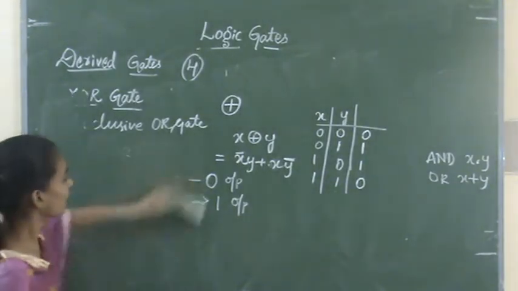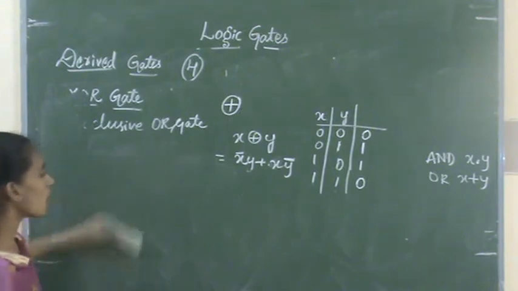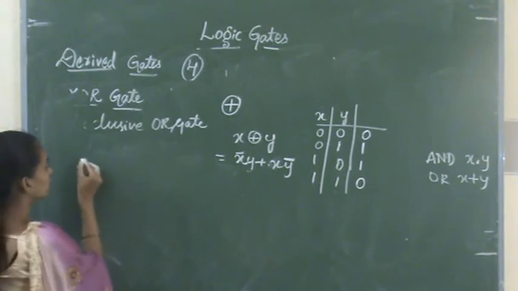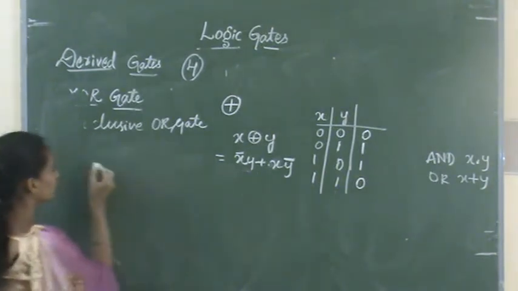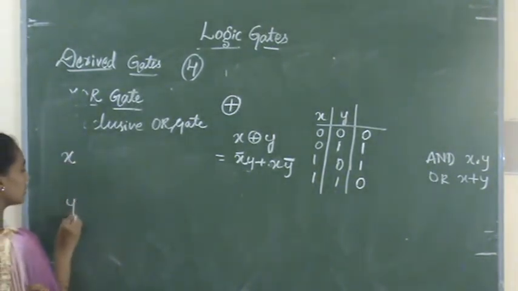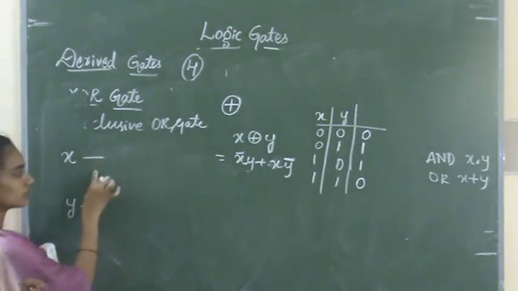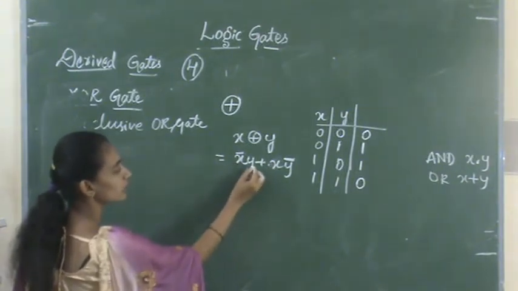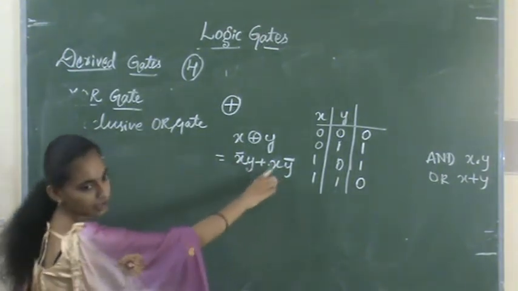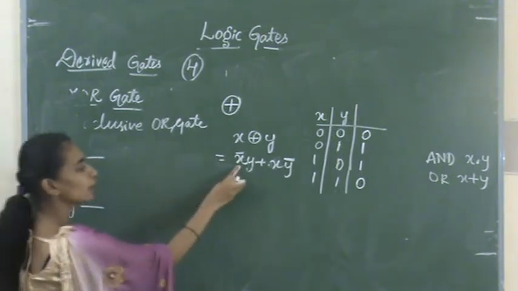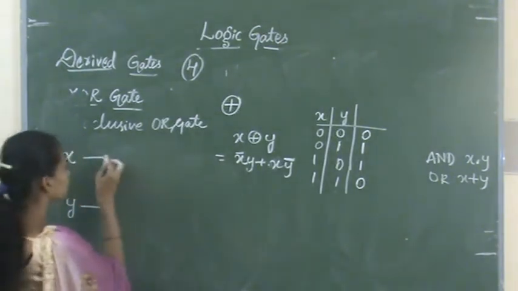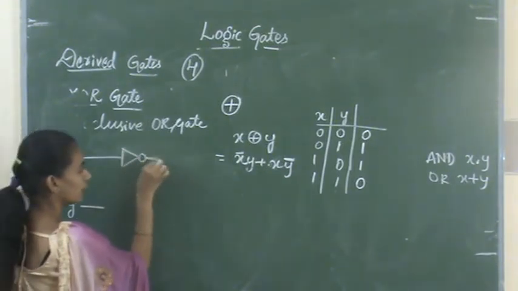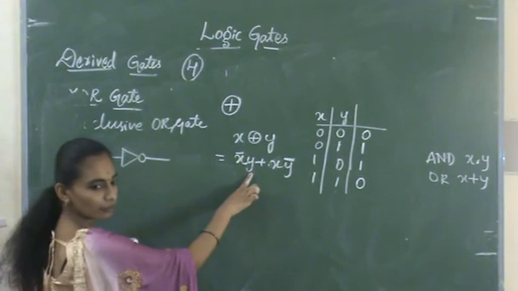So we have exclusive OR, and we know how this works. Suppose I am taking 2 inputs, one is x and another one is y. First we perform AND and then OR. For these two I have to accept x bar and y.